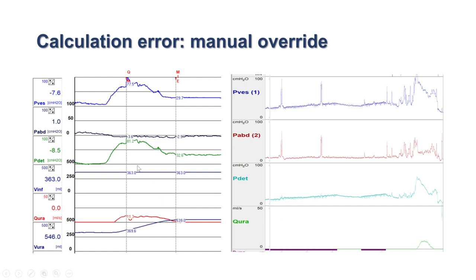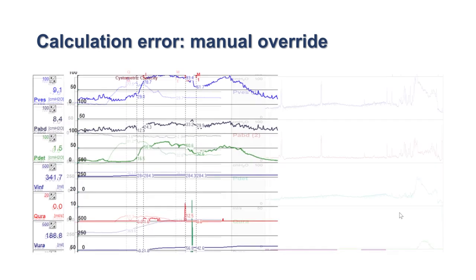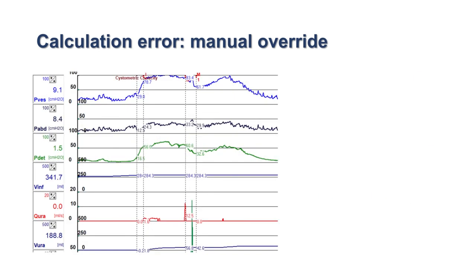Then, as discussed earlier, in many situations we have to do a manual override, like on the left side because of rectal relaxation, or on the right side because of the poor bladder compliance. This is another situation in which there is a knocking artifact in the Q ura.